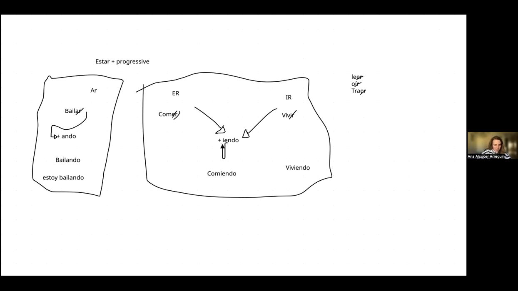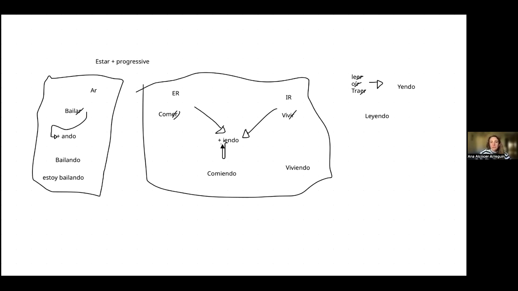For these ones that have the vowel, instead of using the iendo ending, it changes to yendo, with a Y. So leer would be le and then yendo: leyendo. The same with oír: oyendo. Traer: trayendo.